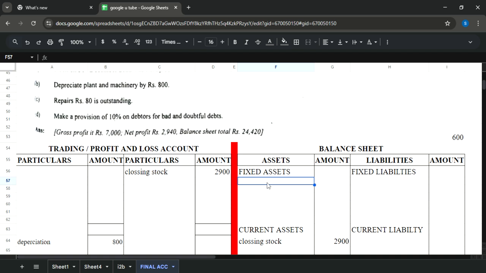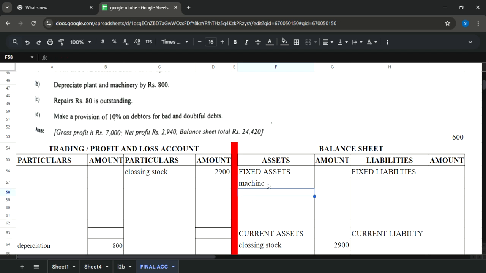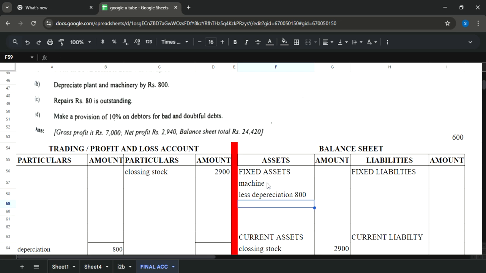It is depreciation upon machinery, so you will write the value of machine over here, and then depreciation would be subtracted, which is 800. We will subtract this depreciation from the total value of machine.